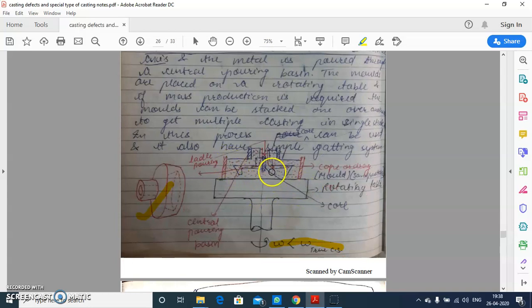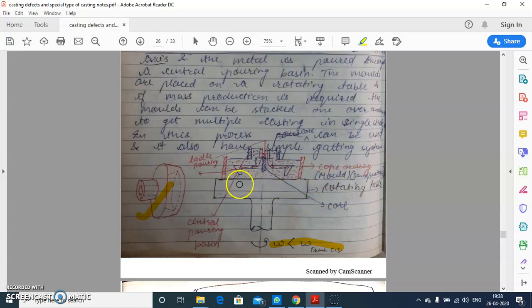Here this is a pattern, and this is a runner. This is a ladle. We have to put the ladle here for making the hollow product, and we rotate with the help of a rotating table.